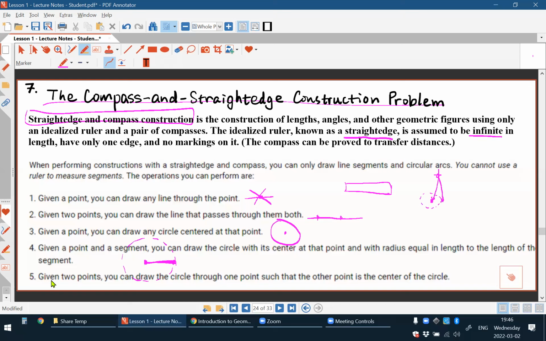This is also possible. And the last one is, given 2 points, you can draw the circle through 1 point such that the other point is the center of the circle. Okay. Any questions?